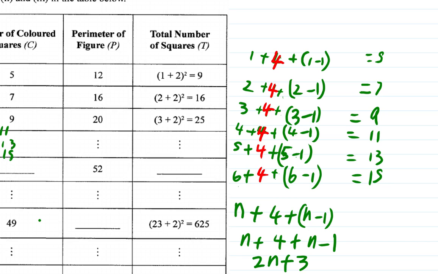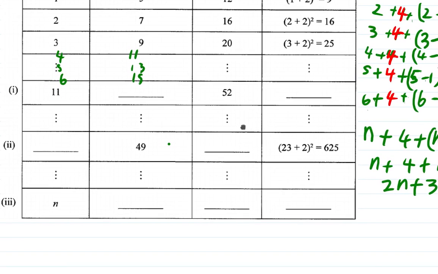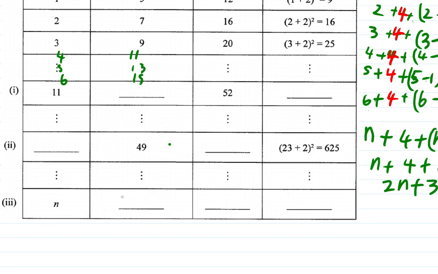So it's 2n plus 3. Nice. So this is 2n plus 3. Alright, good.